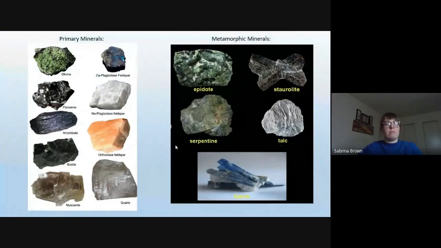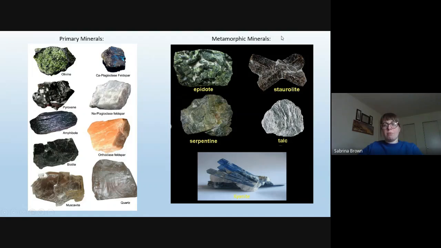And so our primary minerals that we see ranging from ultramafic to mafic, intermediate, felsic, like we reviewed last week in class, a lot of these stay the same when they're subjected to high temperatures and pressures because they were created generally in high temperature magma chambers.